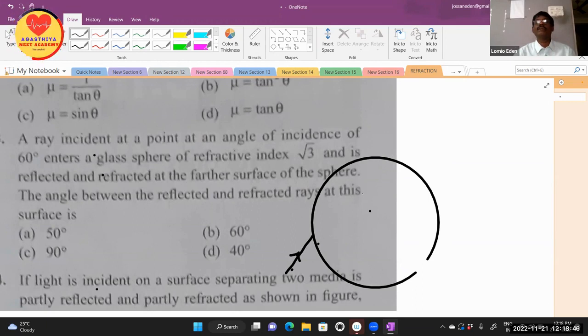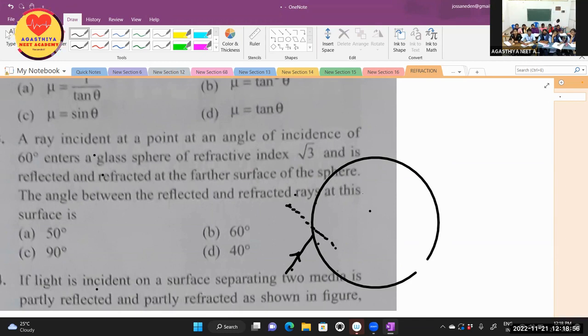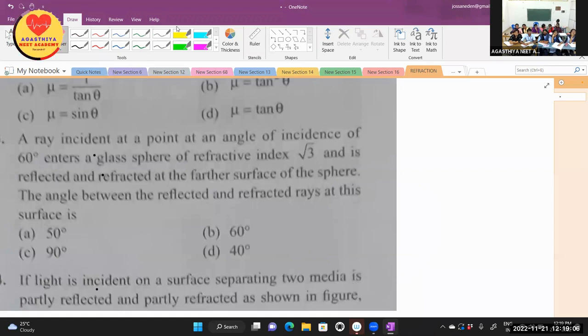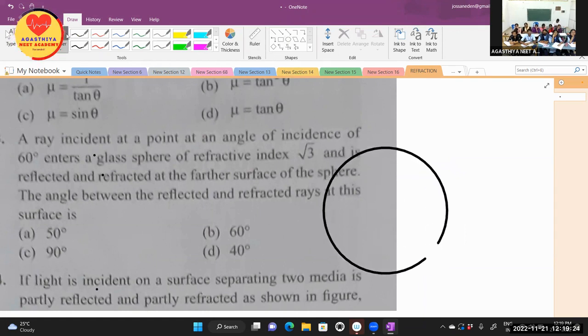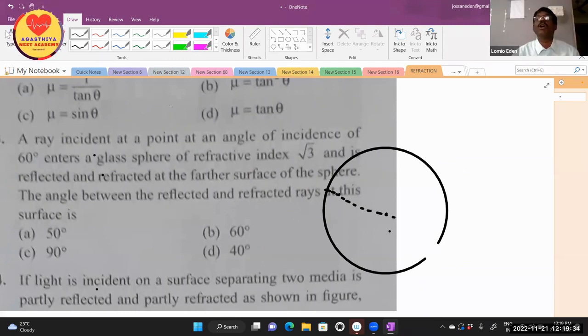This is the first ray of light. This is the radius, or it can be taken as a normal.